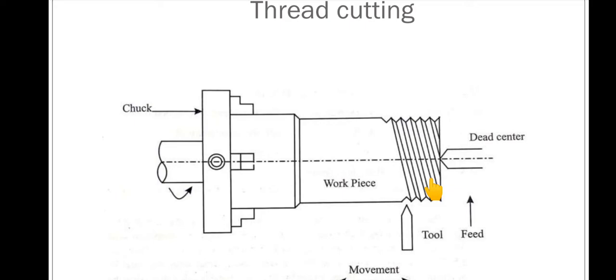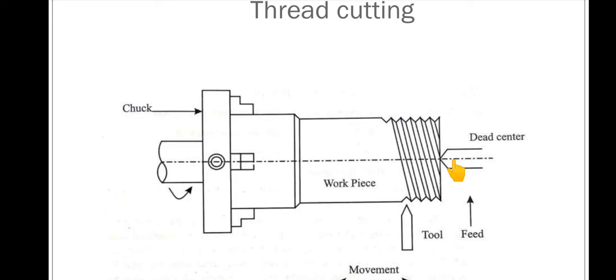During the first pass a small incremental depth, and the next cycle some more incremental depth, then finally we are going to get the threads on the external surface. Again we have two types of thread, external thread and internal thread. In this lathe we are going to get the external thread.